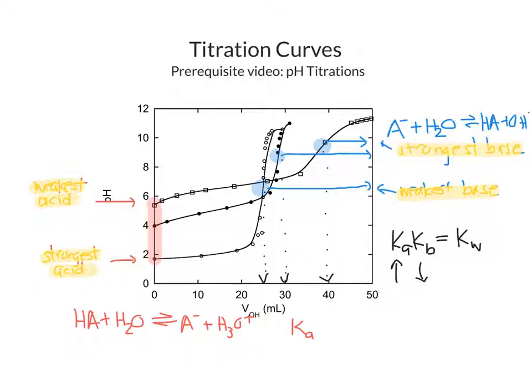And so because all of these titration curves were done with the same starting volume of solution, we know that this acid was the least concentrated, and this acid was the most concentrated, had the most number of moles.